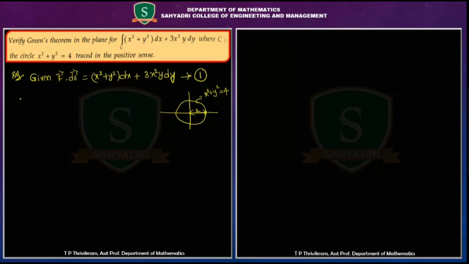Okay. Now write the given curve. So given curve is x square plus y square equal to 4. If you want to do like previous problem, we have to find y equal to something, that means root of 4 minus x square, and substitute it in this equation.